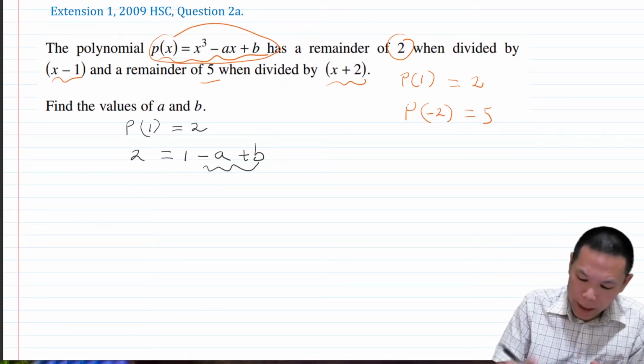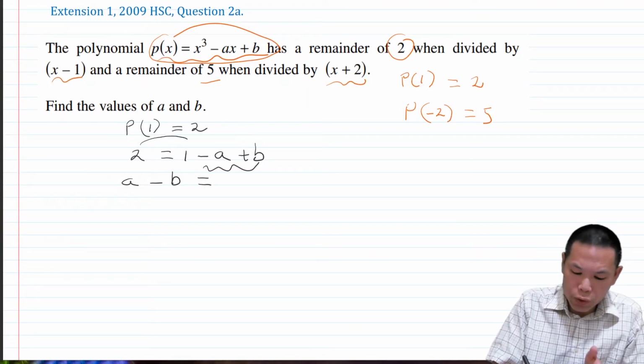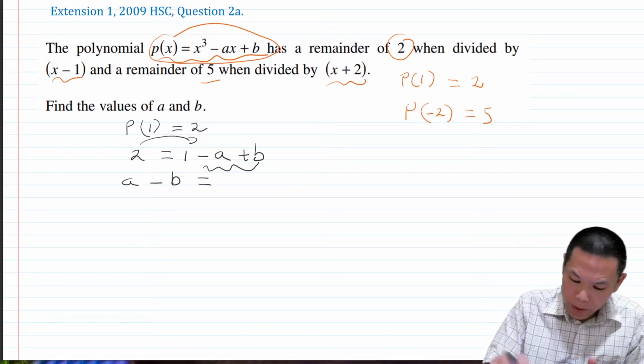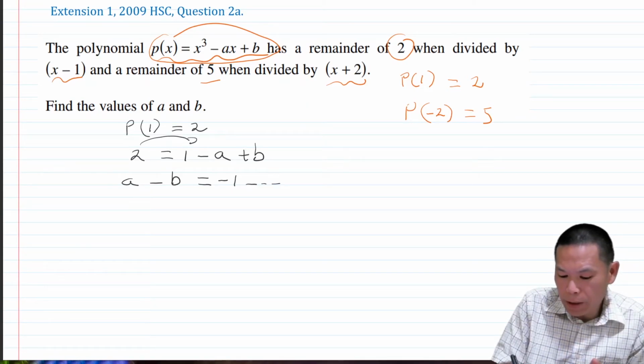I just write underneath here: a minus b is equal to, and then I move the 2 to this side, becomes 1 minus 2, which is negative 1. So a minus b is equal to negative 1. Let's name this equation number 1.